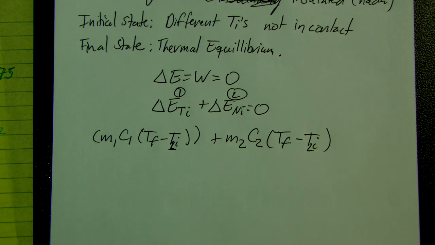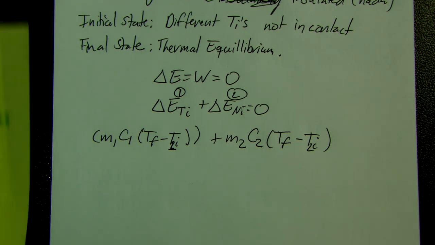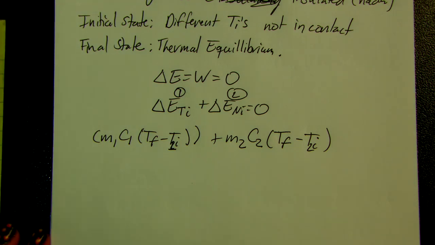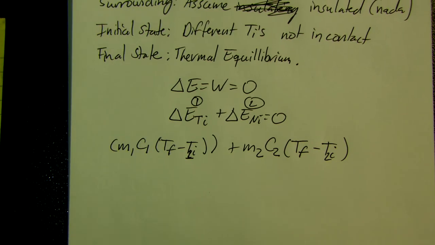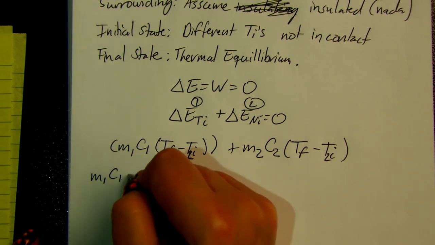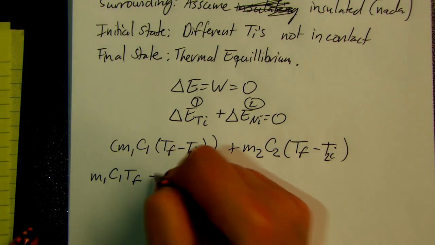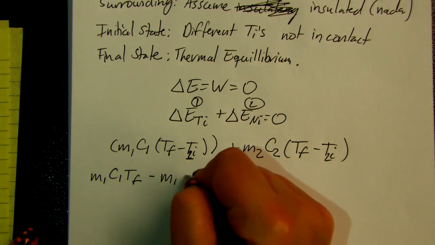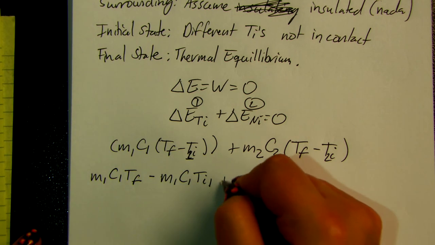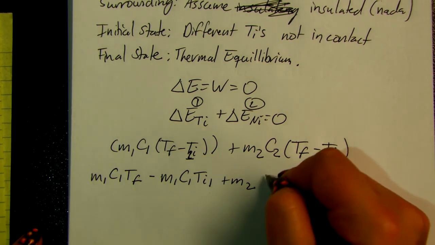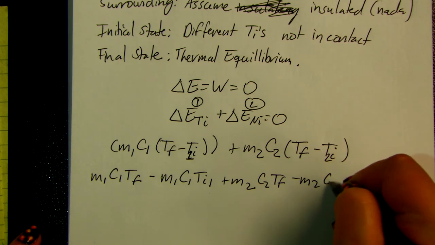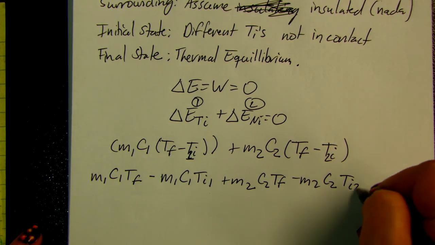And you're welcome to use whatever naming structure you want as long as you tell me what it is. All right, so let's go ahead and multiply out. So M1 C1 T final minus M1 C1 T initial 1 plus M2 C2 T final minus M2 C2 T initial 2 is equal to 0.